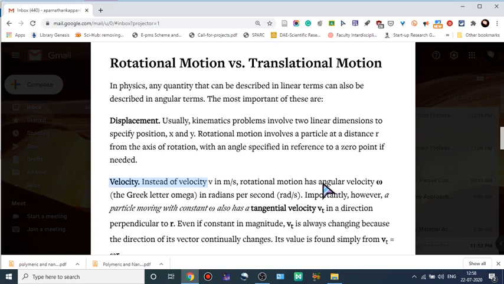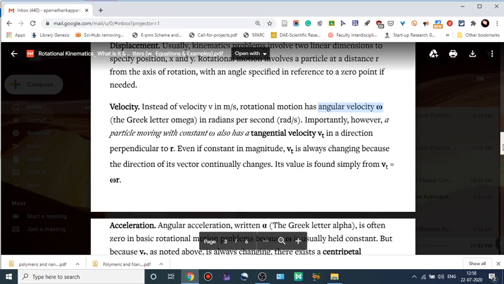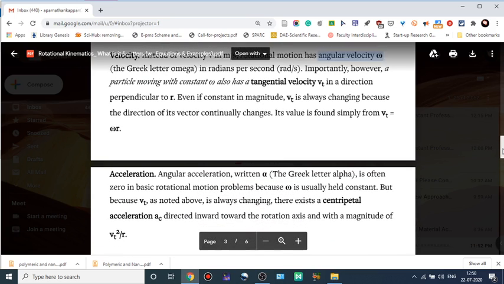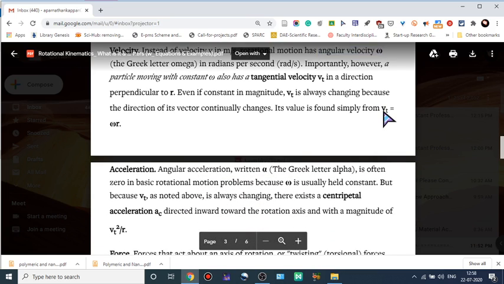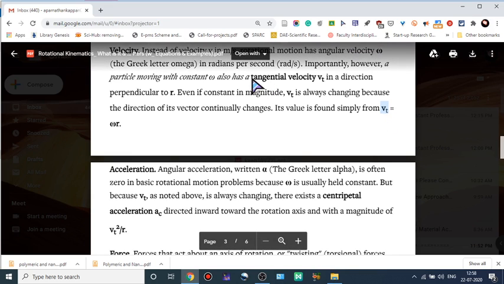Angular velocity is denoted by omega. Vt is equal to omega r, where Vt is the tangential velocity.